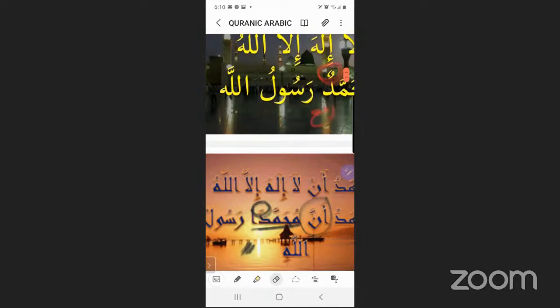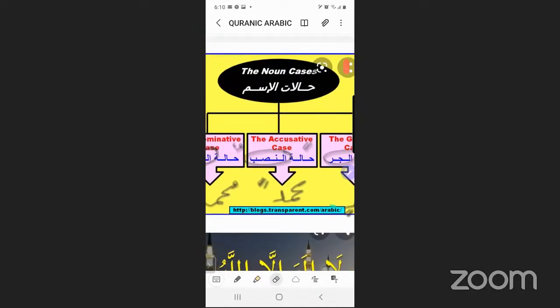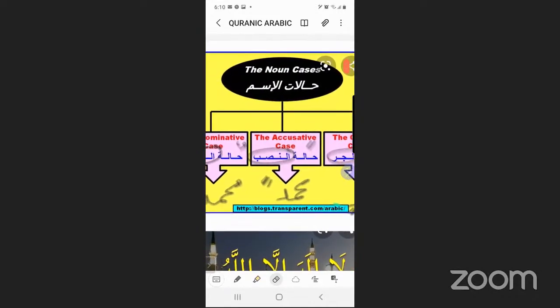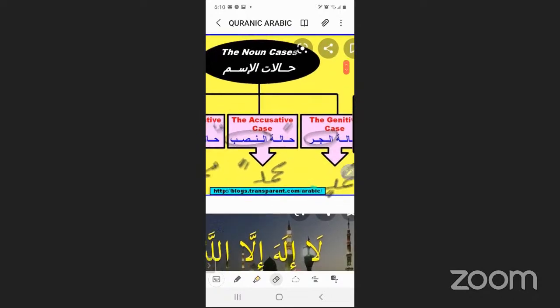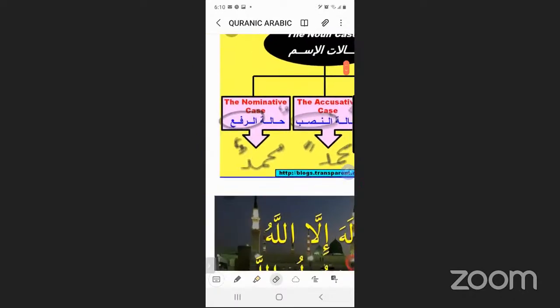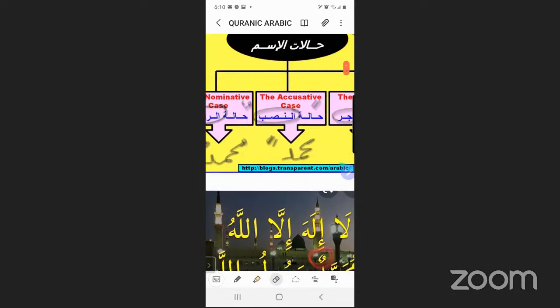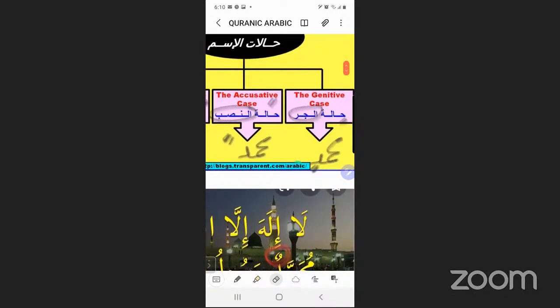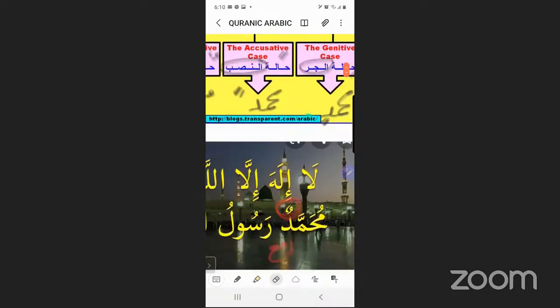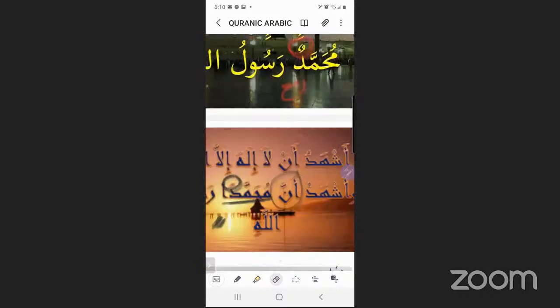And as we can see over here, that's called halat ism or the noun cases. Muhammadun, Rafa, Muhammadan, nasab, and Muhammadin, jar. We can see that the default is Muhammadun. If Anna was there, which is a harf nasab, harf we've done, they are particles, right?